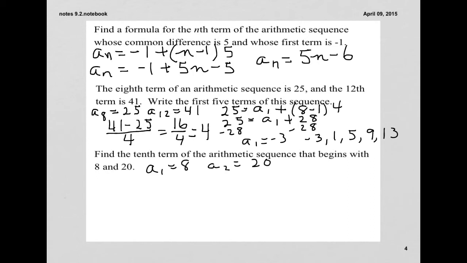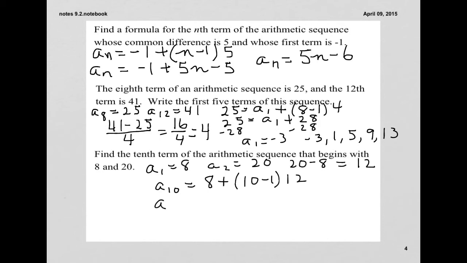When I subtract the two, 20 minus 8, that tells me that my common difference is going to be 12. Then all I want to do is find the 10th term, so I plug into my formula. a sub 10 equals 8, the first term, plus 10 minus 1, my n minus 1, times my common difference of 12.